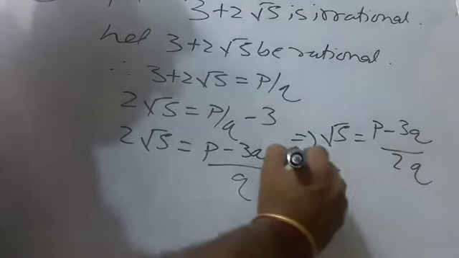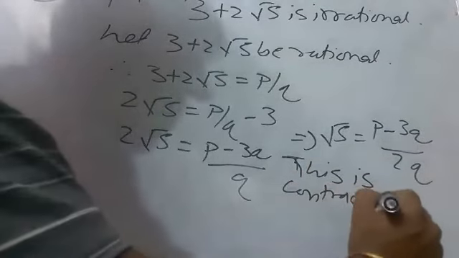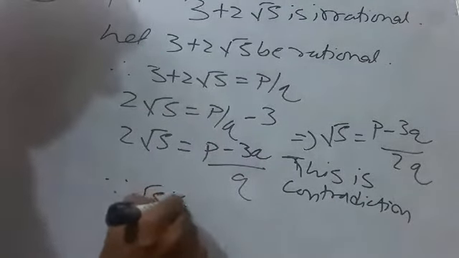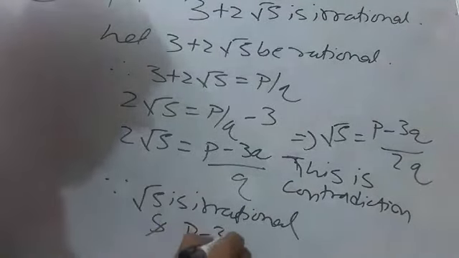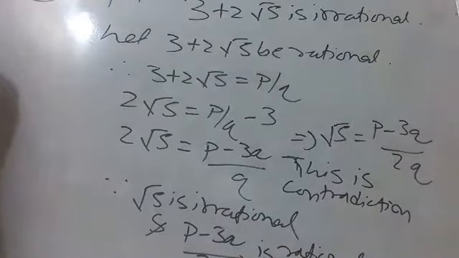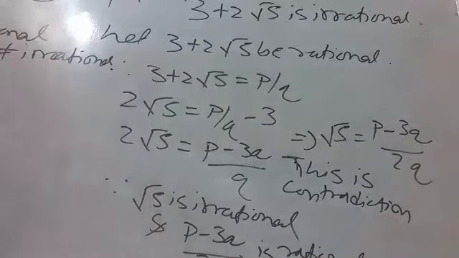So here this is a contradiction. Why a contradiction? Because root 5 is irrational and p minus 3q upon 2q is rational, and a rational number cannot be equal to an irrational number.